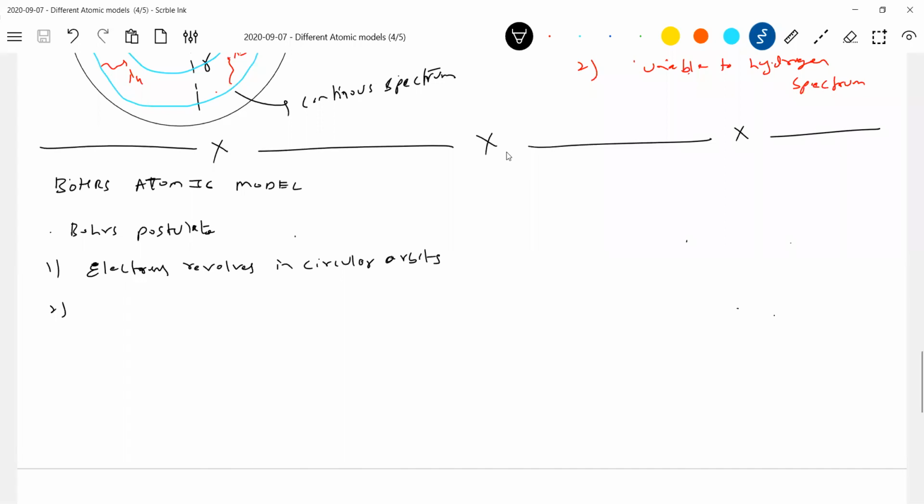Then what did he say next? I'll write in order. The electron revolves in a circular orbit.